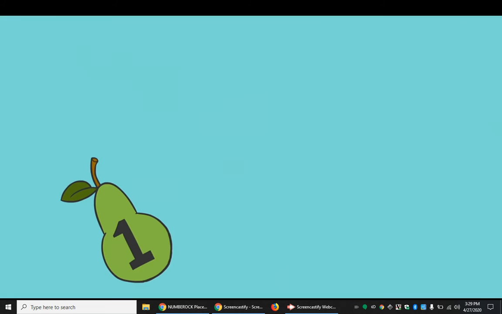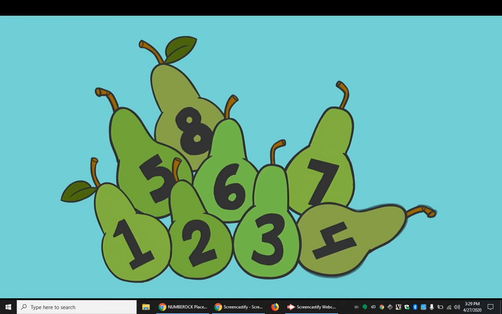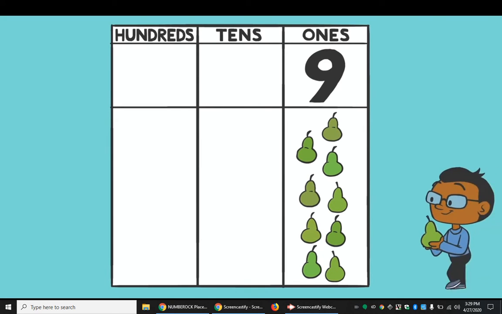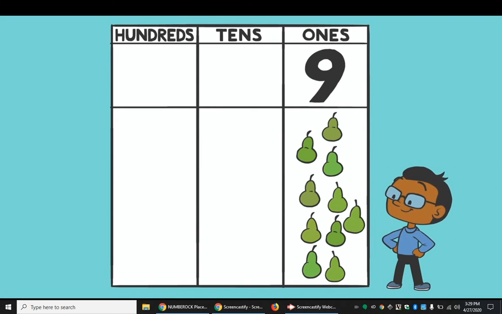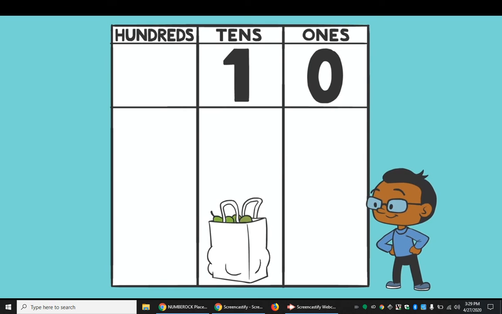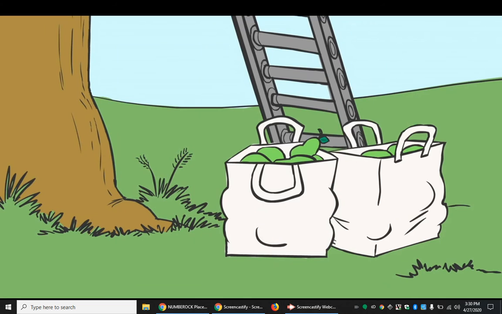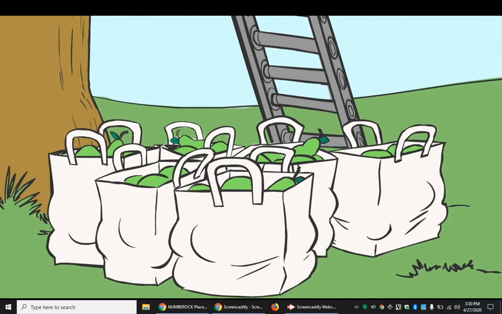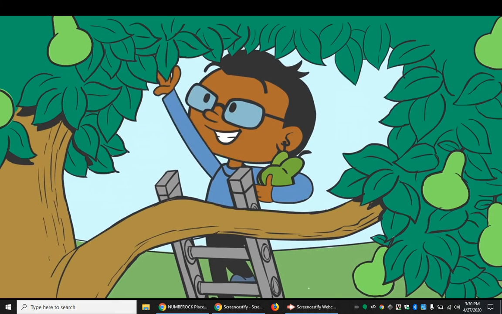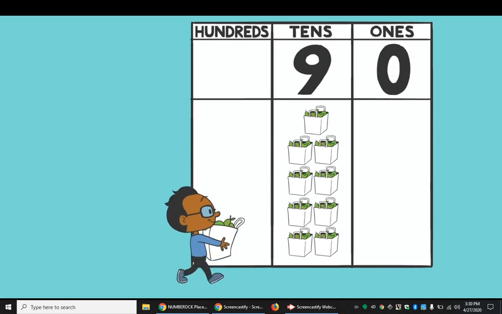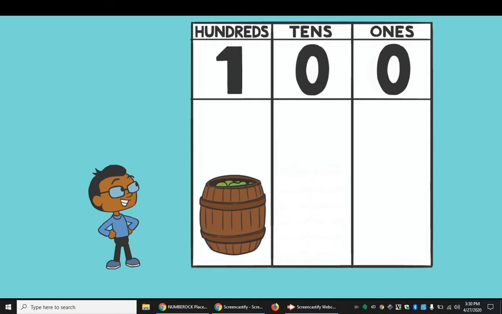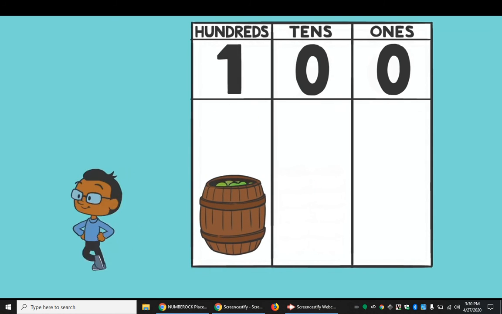Picking pairs, I got 1, 2, 3, 4, 5, 6, 7, 8, 9. That's all that fit inside the ones place value line. So I picked another pair and made a group of 10 that fit into a bag perfectly even. 20, 30, 40, 50, 60, 70, 80, 90. I had to keep picking pairs of hunger I had to feed. So I picked another 10, and that led to one group of 100.